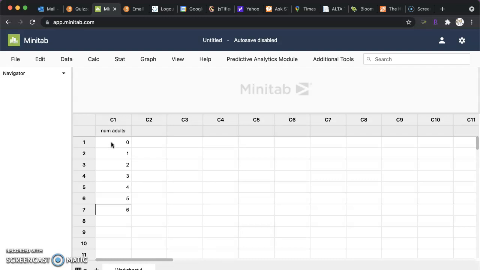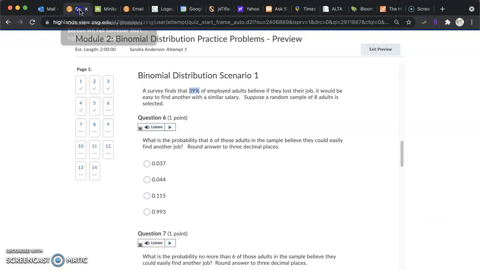So the answer could be 0, 1, 2, 3, 4, 5, 6, 7, or 8 when you survey those 8 adults. Remember, their response is either they think it's easy or they don't, and that's why it is a binomial distribution.